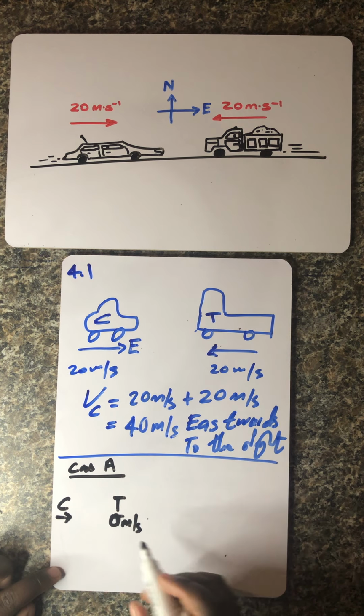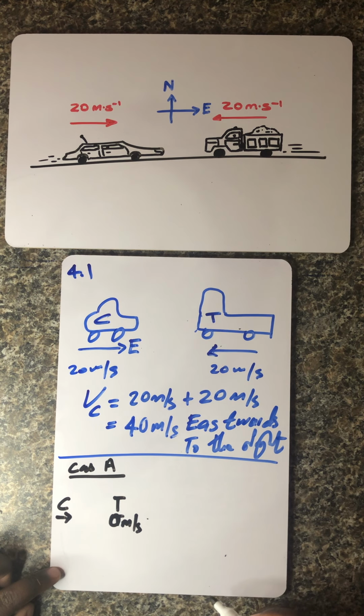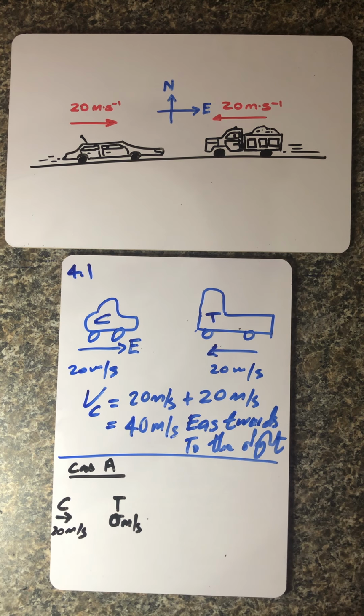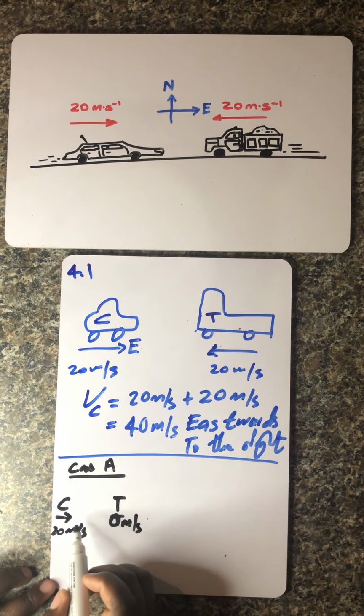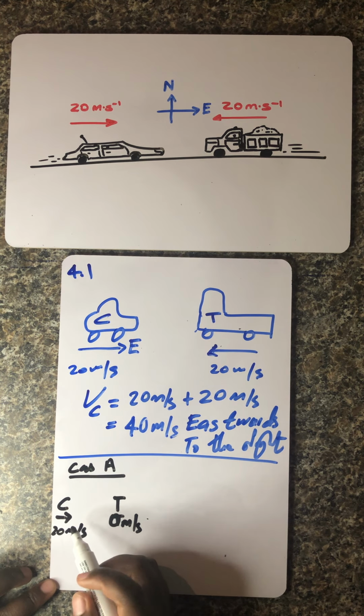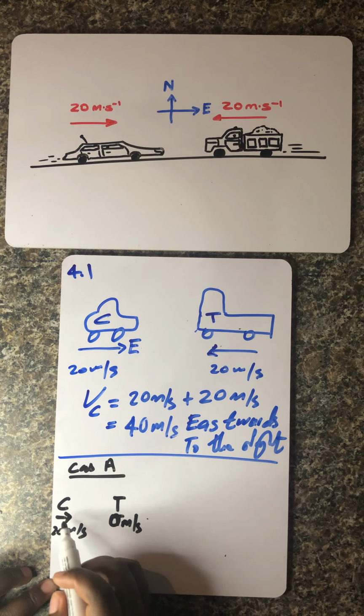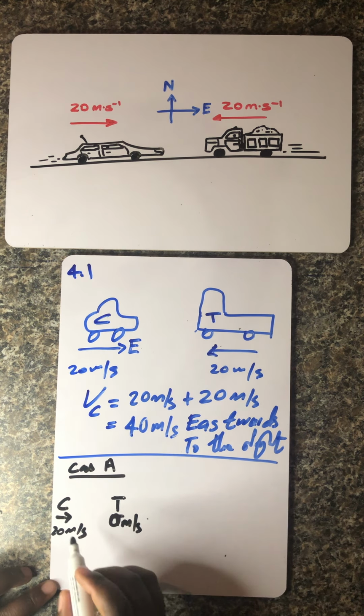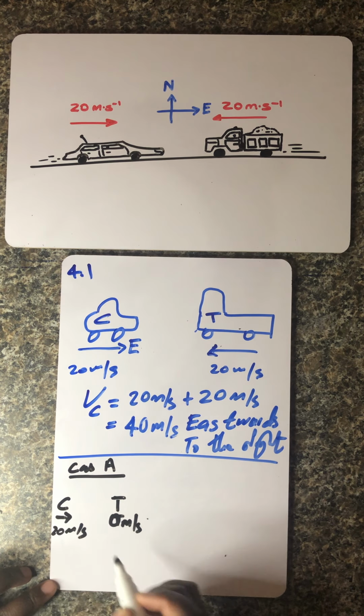So obviously that means its speed is 0 meters per second, and the car is moving at 20 meters per second. So, ladies and gentlemen, when we compare the velocity of the car relative to the truck, obviously this is approaching the truck at 20 meters per second.